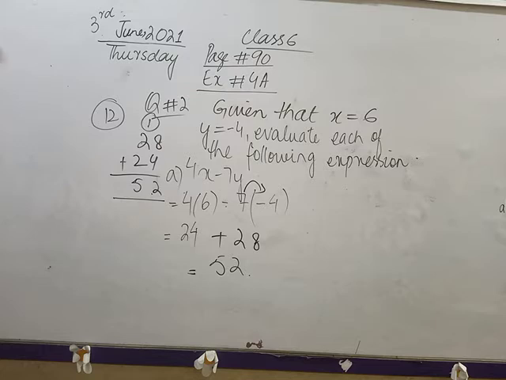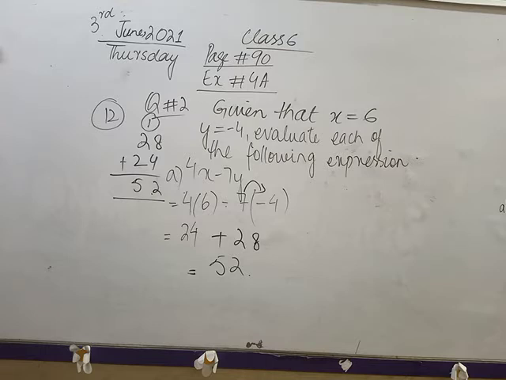I have a question in which given that x equals to 6 and y equals to -4. Evaluate each of the following expression. I have a part in which 4x and -7y is given.